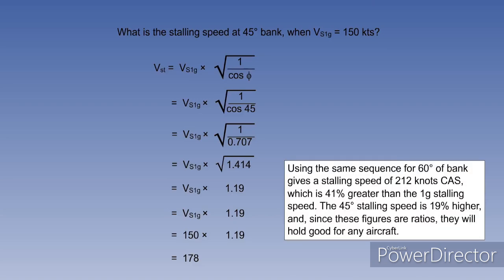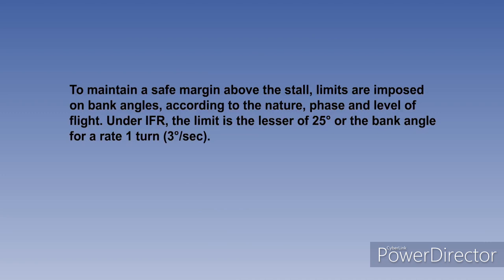Using the same sequence for 60 degrees of bank, a 2G turn in level flight gives a stalling speed of 212 knots CAS, which is 41% greater than the 1G stalling speed. The 45-degree stalling speed is 19% higher, and since these figures are ratios, they will hold good for any aircraft. As bank angle is increased, the stalling speed will rise exponentially.